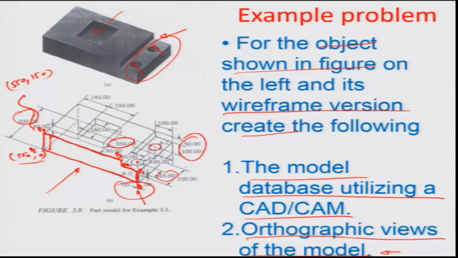Similarly, in the same manner you could create the numeric data of this particular geometry right here, which is the pocket, the four sided pocket which is being created inside this block, 5-sided, I am sorry.